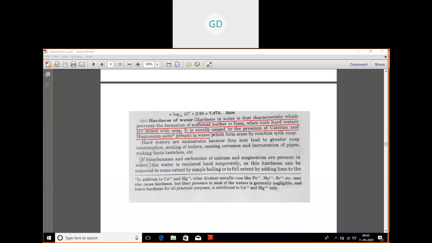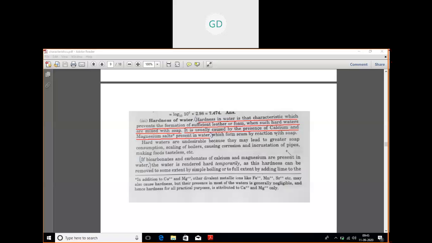Whenever we mix soap and water and sufficient foam is formed, that means that water is not hard water. Whenever such foam or lather formation is not happening when you mix water with soap, it can be said that the water is hard. And what causes hardness? It is due to the presence of calcium and magnesium salts present in water.